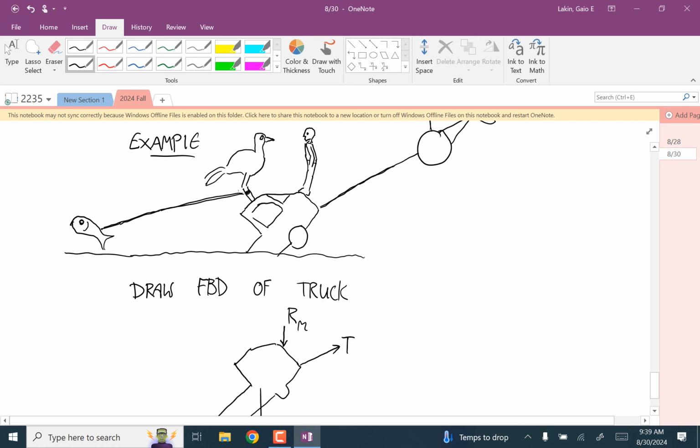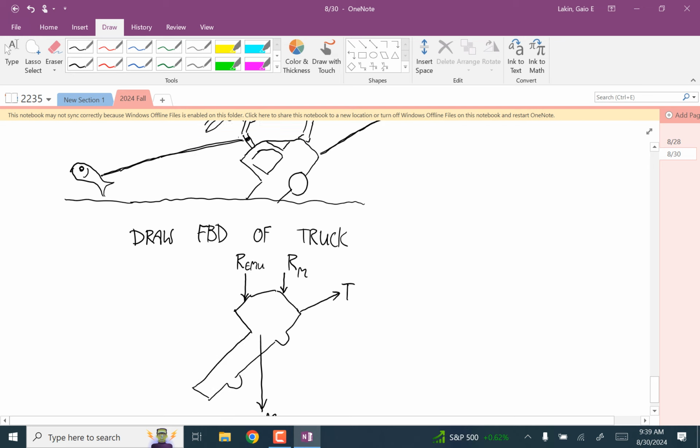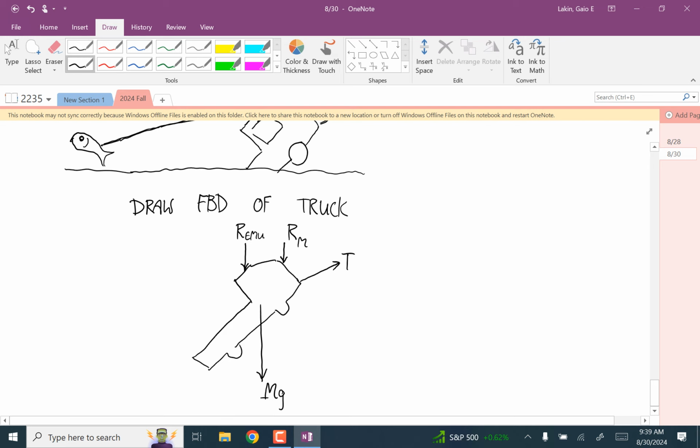And then there's a contact force from the emu. And then keep going around to where the truck is in contact with the mud. I don't know the direction of that mud force, so I'll just call it F mud.